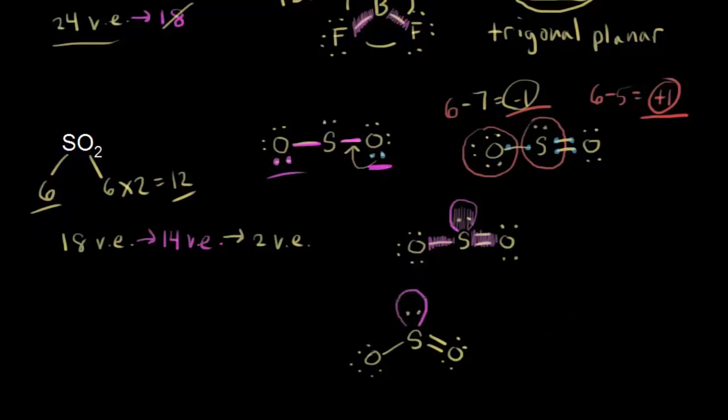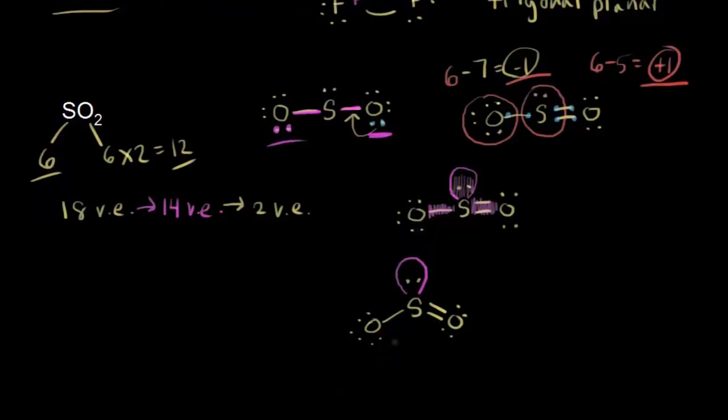And so once again, our electron clouds are in a trigonal planar geometry, so we would expect those bond angles to be approximately 120 degrees. So let me go ahead and put this in here. So approximately 120 degrees. It's probably slightly less than that, but that is what we would predict the geometry of the electron cloud to be.